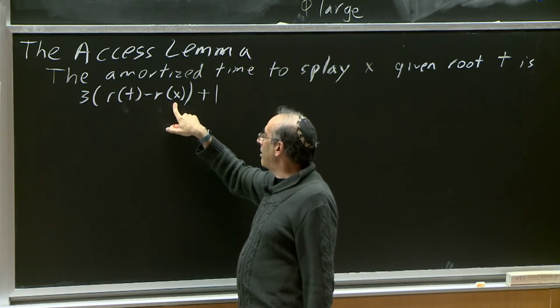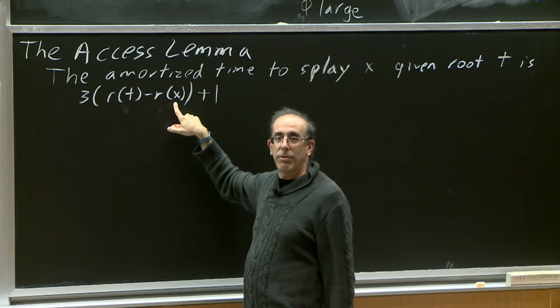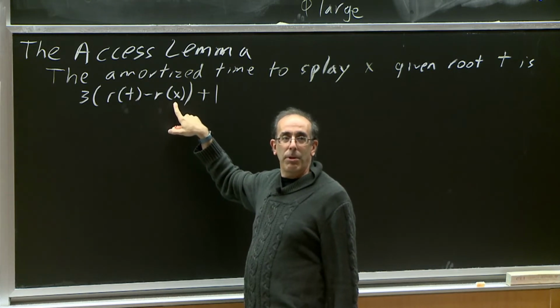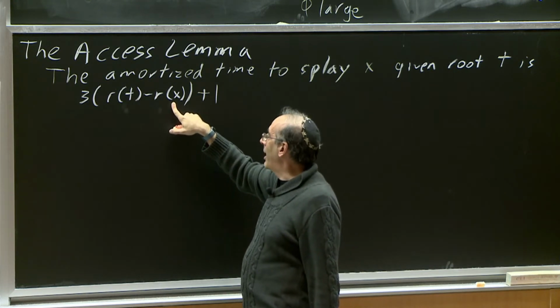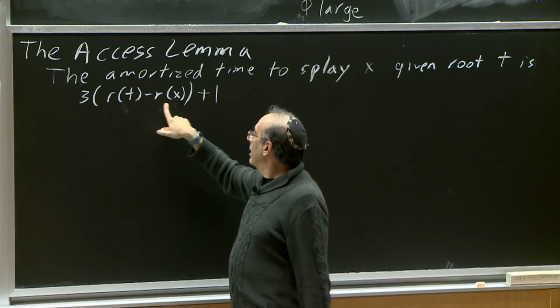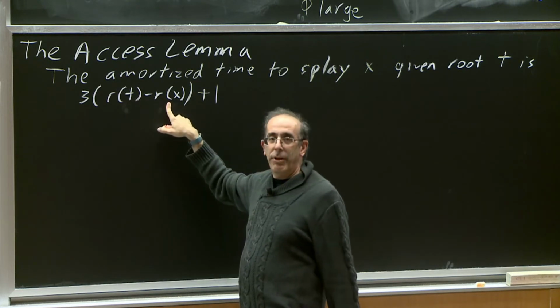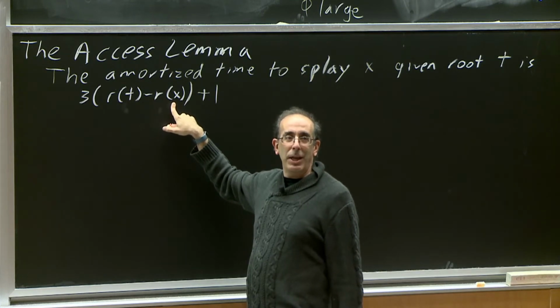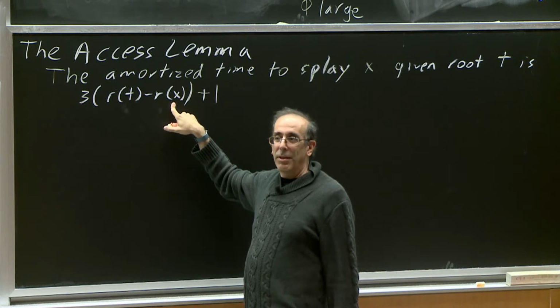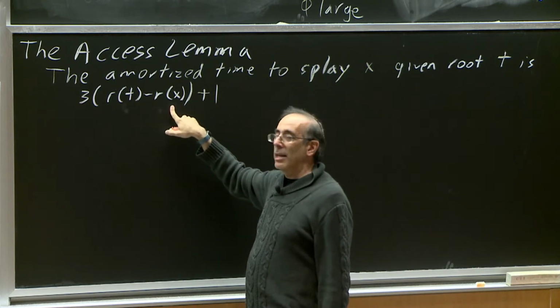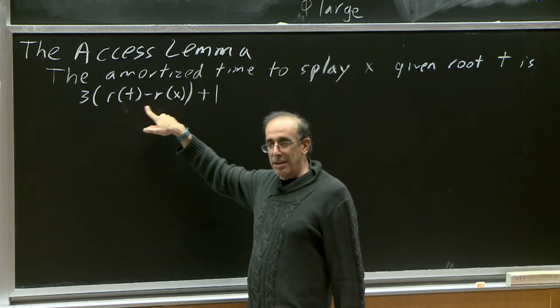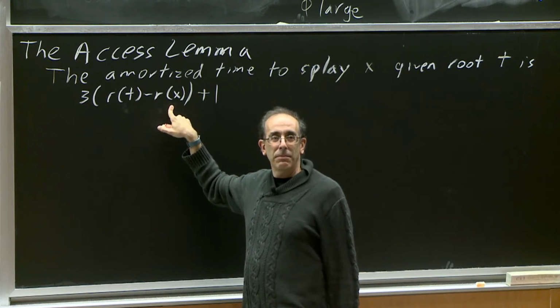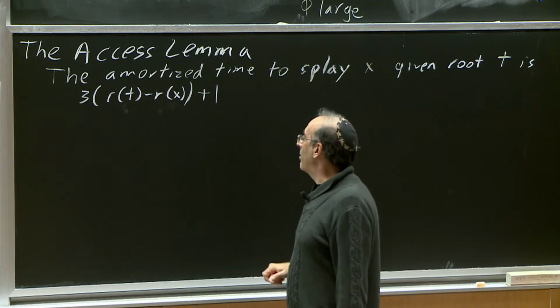And then you've got this other subtree that x is the root of, and it is also of optimal size, optimal height. So in a sense, this difference is what you would imagine the depth of x should be given the size of its subtree. So really what this is saying is that if things were balanced, this would be the real cost. And instead, this turns out to be the amortized cost.